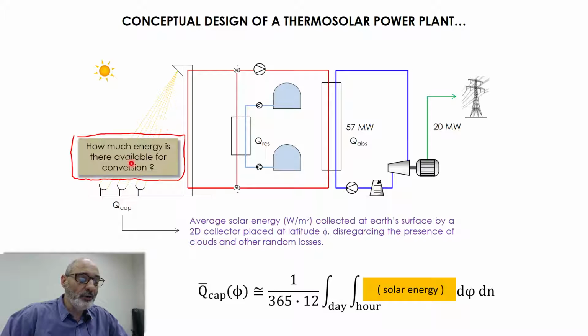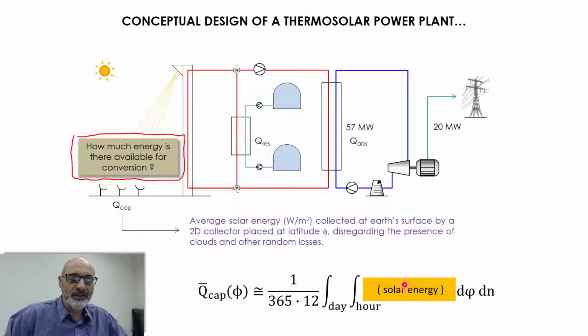So to calculate how much energy we have here in a year, on average, I need to assess the amount of solar energy that arrives instantly at a given day, in a given hour, and at our latitude, and at our position on the globe.